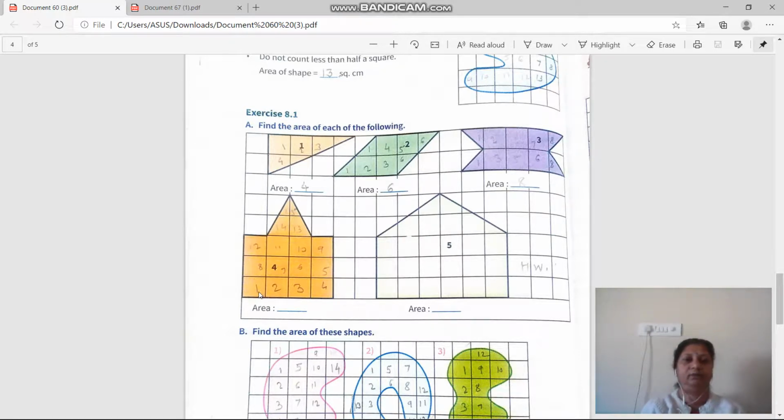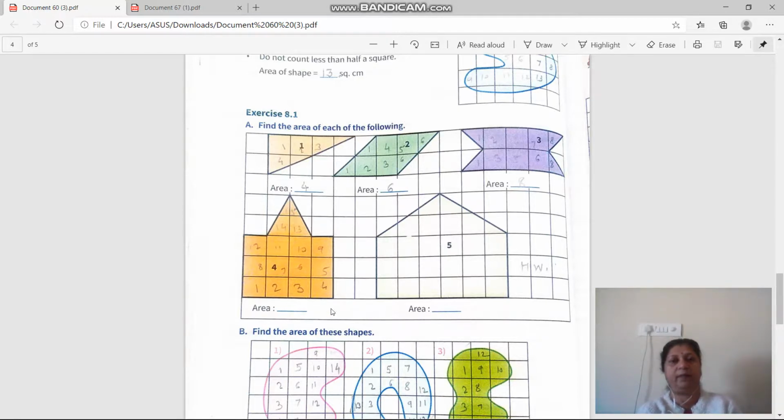Here. 1, 2, 3, 4, 5, 6, 7, 8, 9, 10, 11, 12, more than half, right? 13, 14 and this one, no, it is not half, so don't calculate it. Okay, both are less than half, so they will not be calculated. So it is 14 square centimeter.